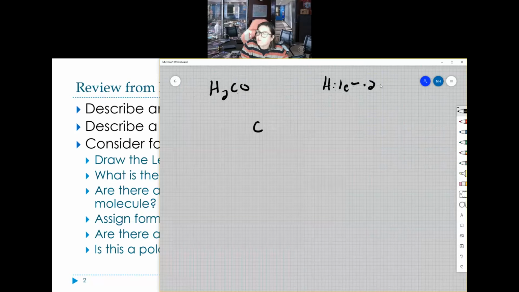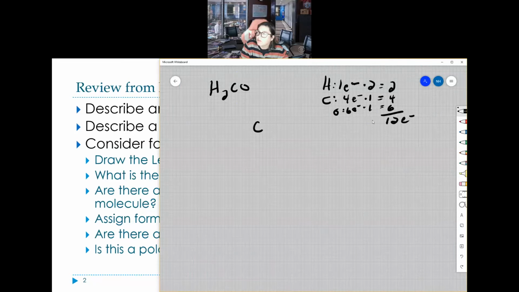I have two of them, so it's 2 electrons from hydrogen. Carbon gives me 4 electrons in the valence. There's one of them. Oxygen gives me 6 electrons. There's one of those. And so that gives me 12 electrons total.